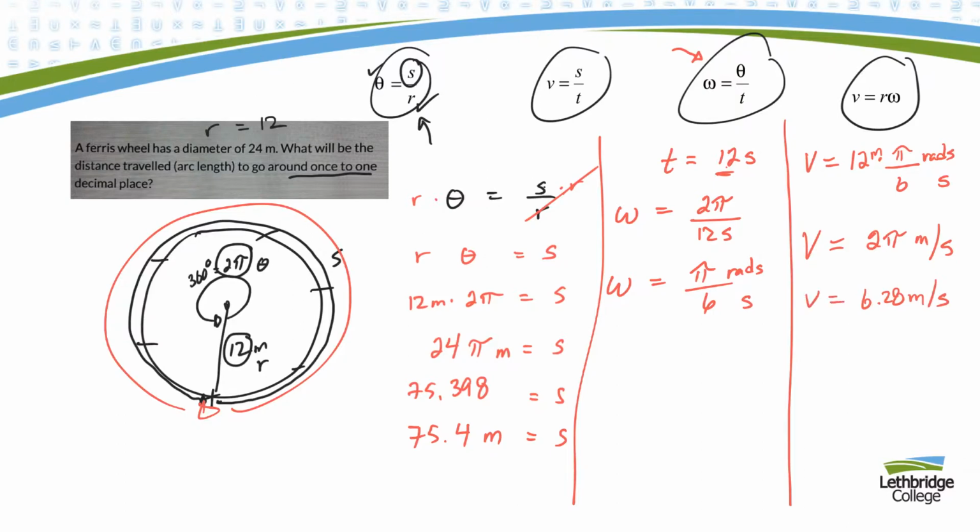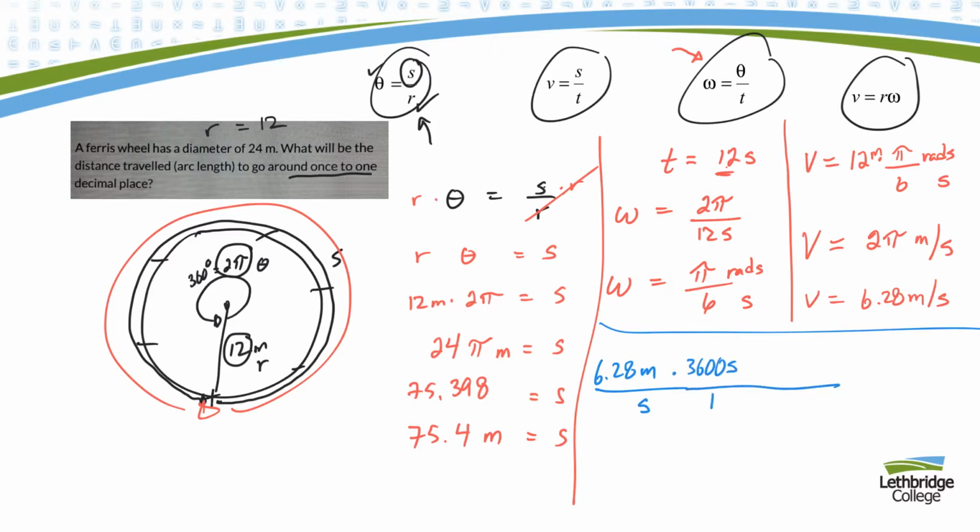Now, if you wanted to keep going, and I'm sure that you do, you could figure out how fast that would be in, say, kilometers an hour. That might be a better number to use. So if I said I have 6.28 meters in 1 second, I could times this by 3,600 seconds are in 1 hour, so seconds cancel.